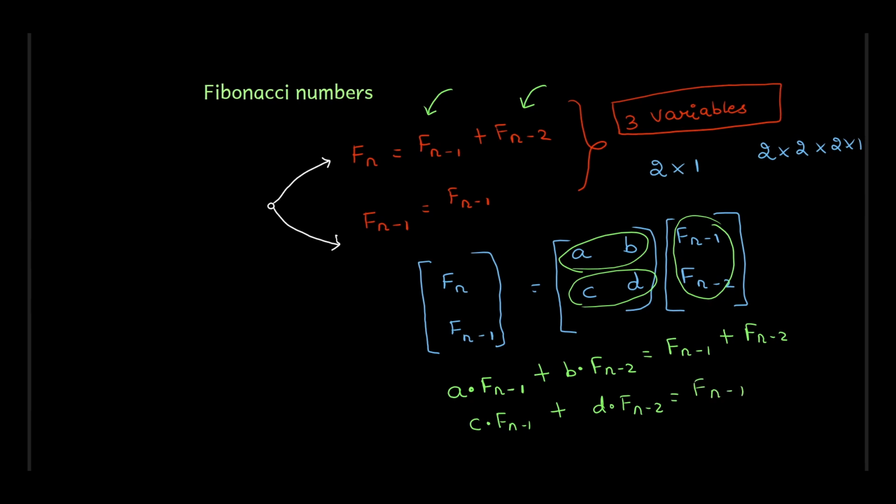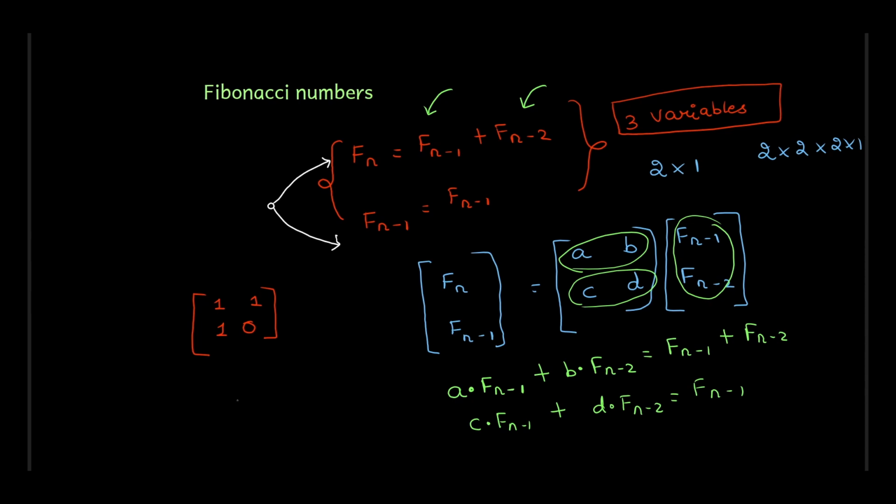Now, if you can choose this A, B, C, and D very smartly, then you can satisfy these constraints. So what can you choose? You see that A and B and f of n minus 1 and f of n minus 2 are appearing on the right hand side. So A and B, if you choose as 1 comma 1, you are good. And C and D, so on right hand side only f of n minus 1 is appearing and f of n minus 2 is missing. So if you choose C as 1 and D as 0, then you would satisfy this equation. It means that you don't have to carry the baggage of writing two equations all the time.